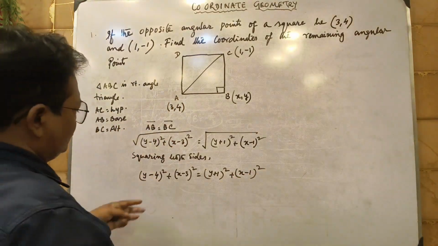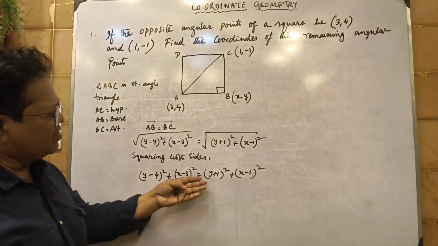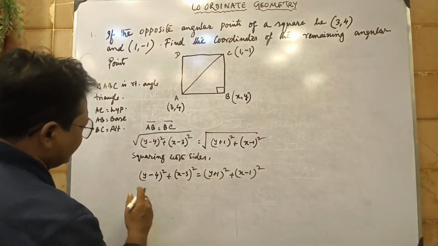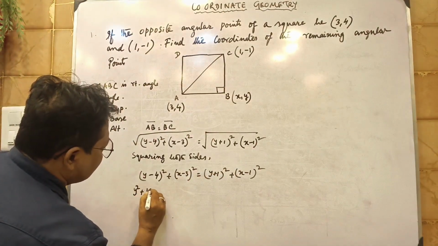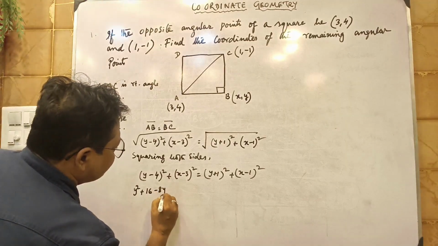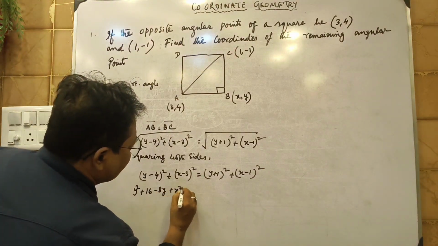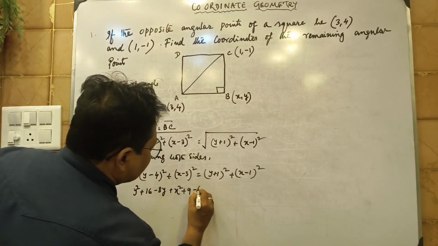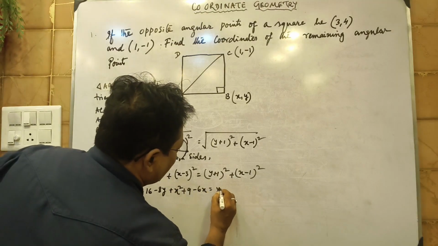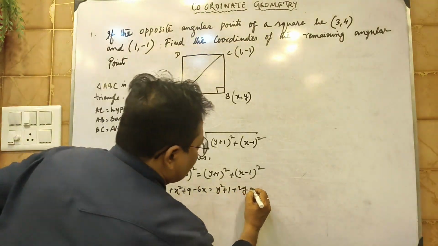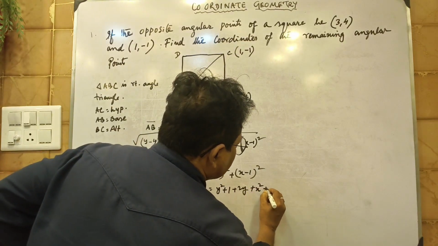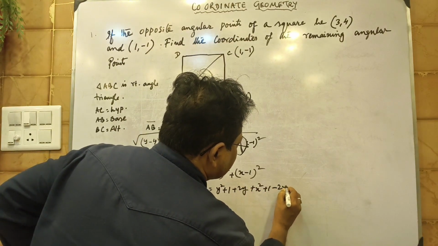Expanding a minus b whole square and a plus b whole square, we get y square plus 16 minus 8y plus x square plus 9 minus 6x equal to y square plus 1 plus 2y plus x square plus 1 minus 2x.